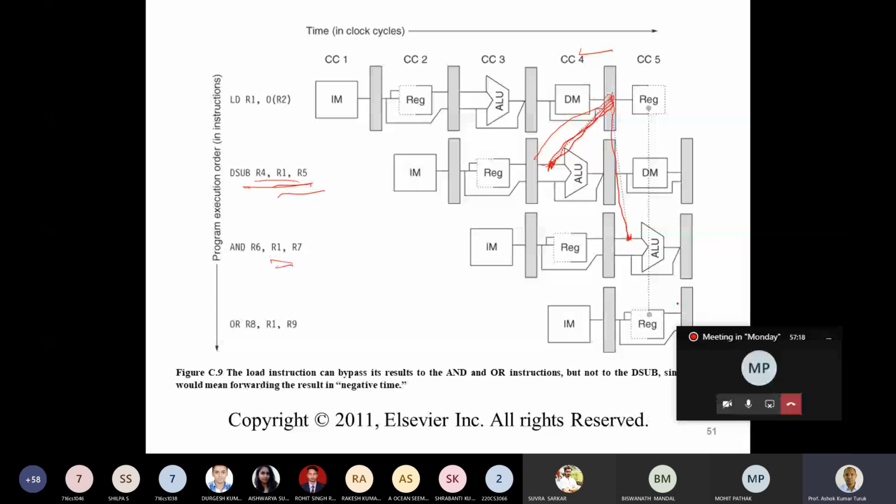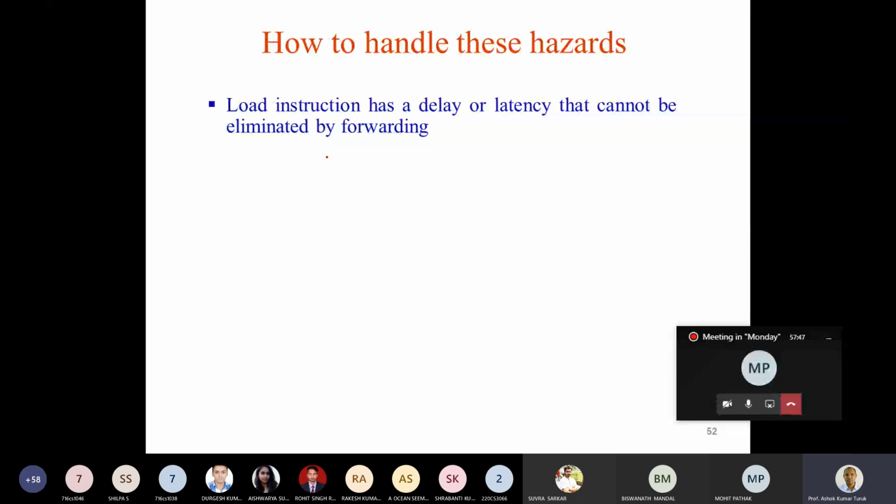Here there is a load instruction, and immediately following it there is a subtract instruction which uses the result of the load, as a result of which there has to be a stall between the load and the subtract instruction. The load instruction has a latency or delay that cannot be eliminated by means of forwarding.